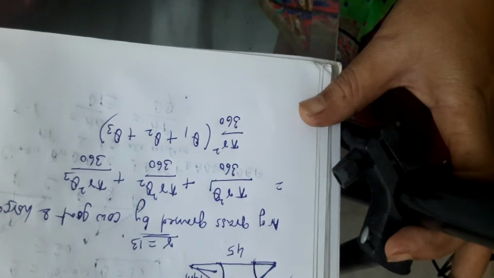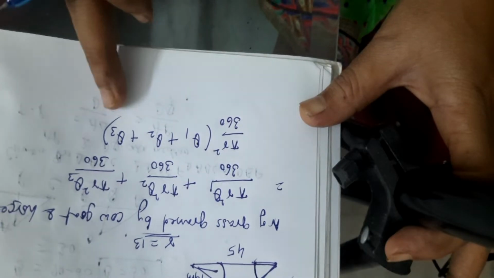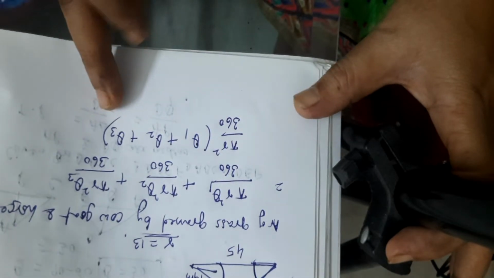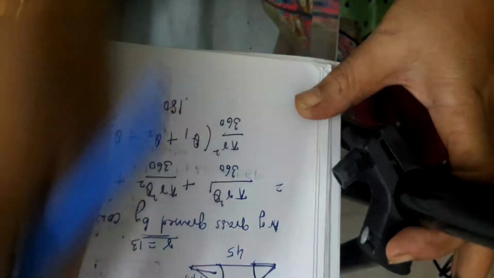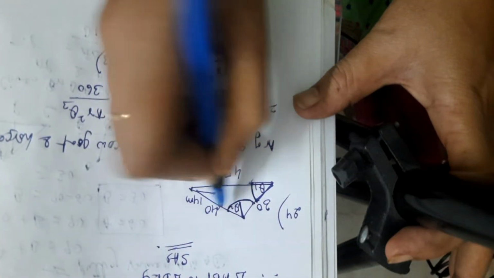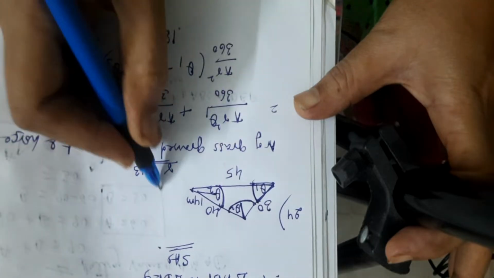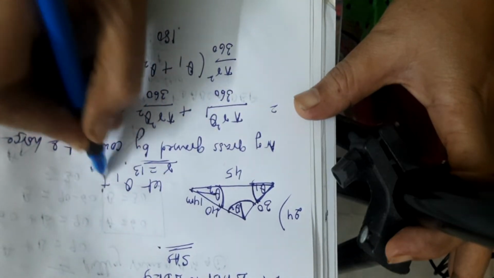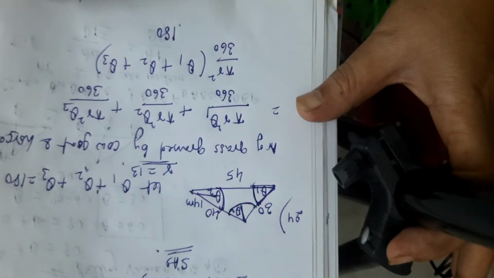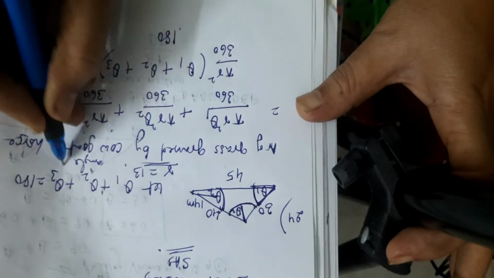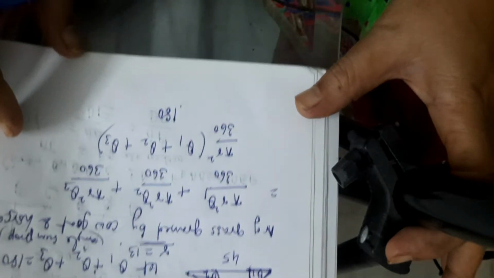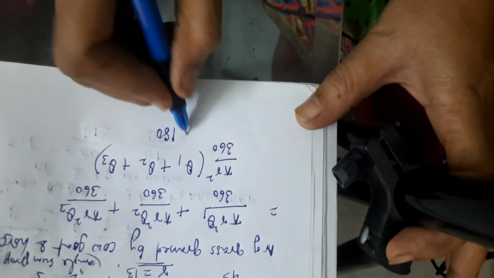Theta 1, theta 2 and theta 3 is nothing but the sum of the angles of the triangle, so we can replace this with 180. That is the angle sum property.